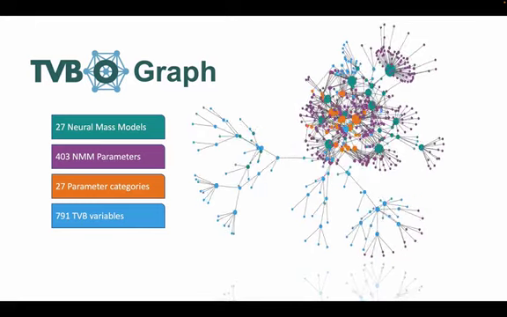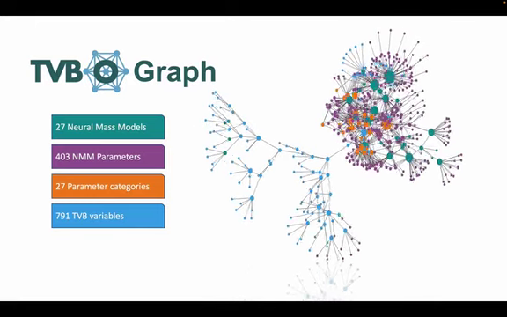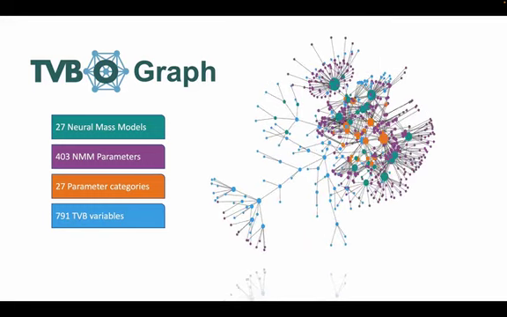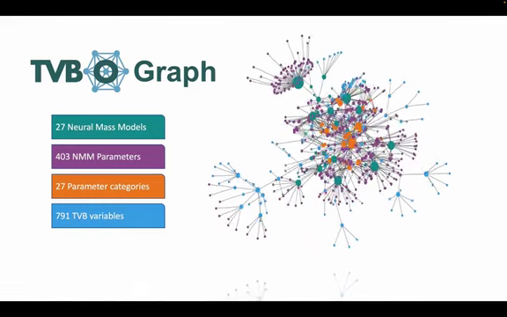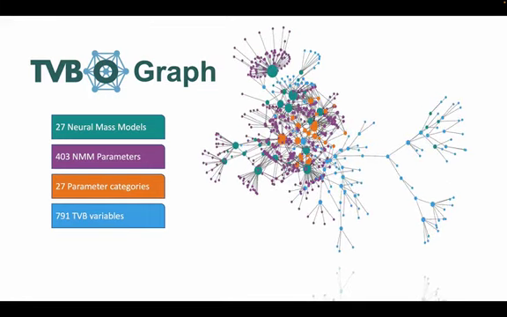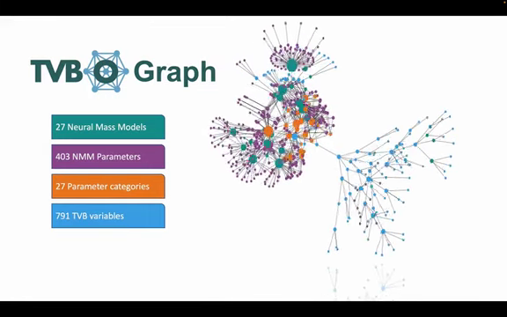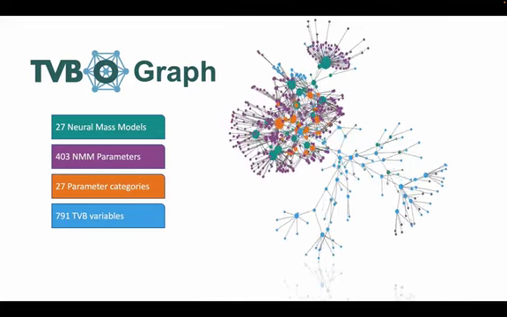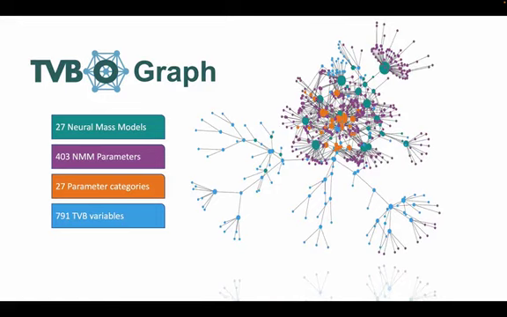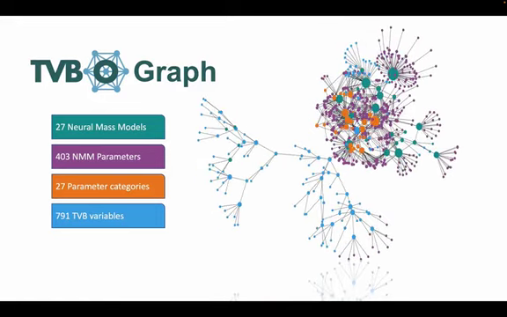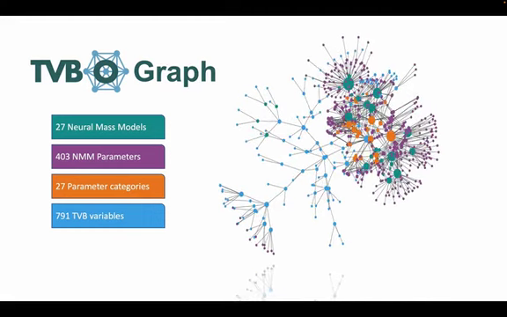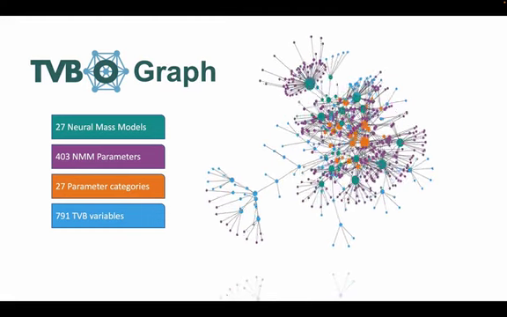the entities of the graph are connected to each other, but also connected to biological concepts. So here we relied mainly on GO, the gene ontology that describes biological processes. So you can find out, for example, which parameters throughout all the different models of TVB are connected to, let's say, inhibition, or for example to NMDA receptors, or to impaired signaling of a particular receptor.